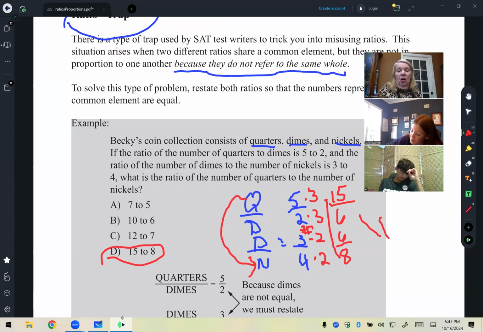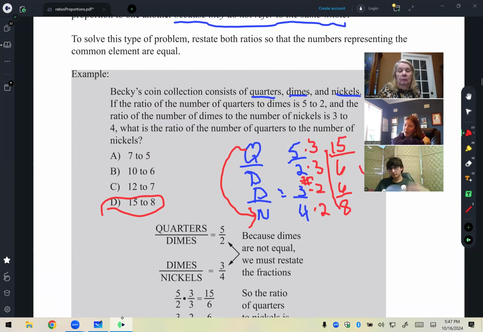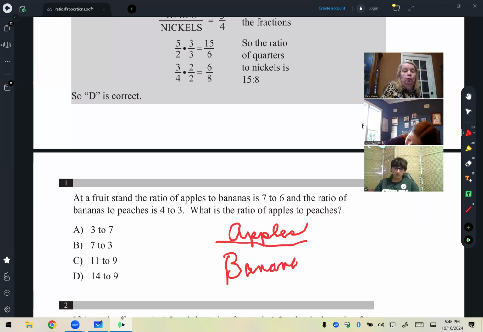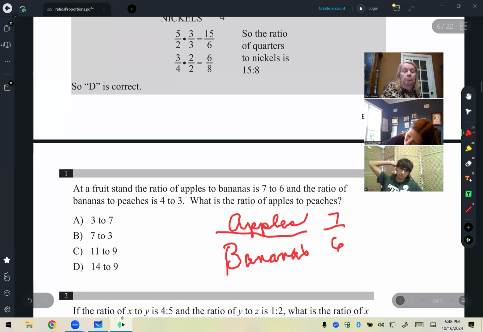Let's try another one. I hope I'm not going too fast. Okay, at a fruit stand, the ratio of apples to bananas is 7 to 6. And you can work ahead of me if you'd like to.